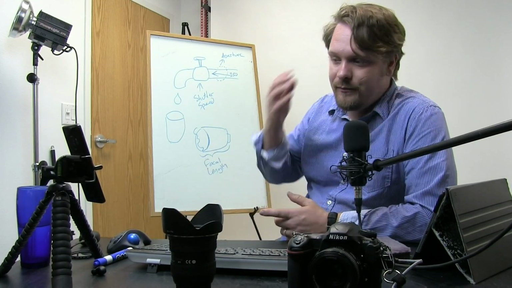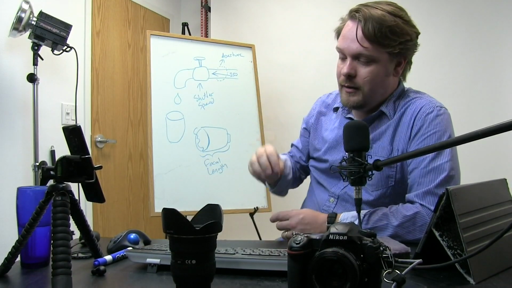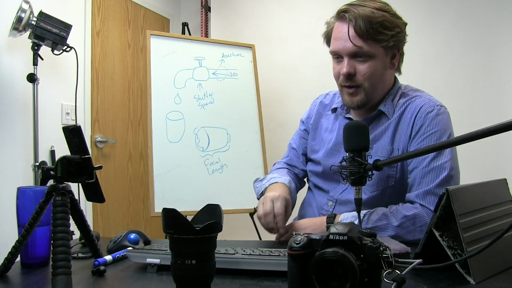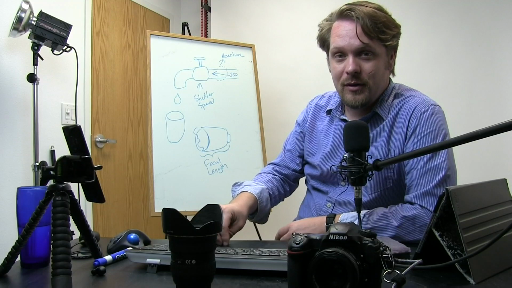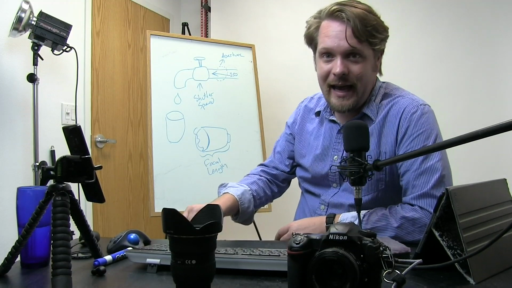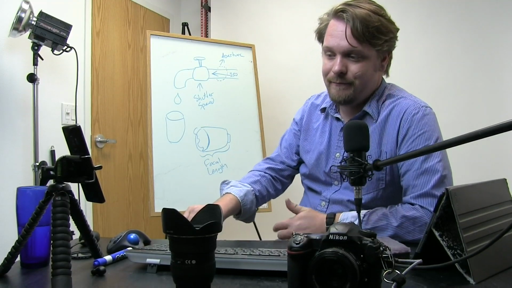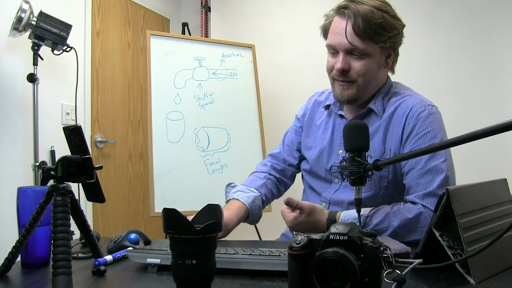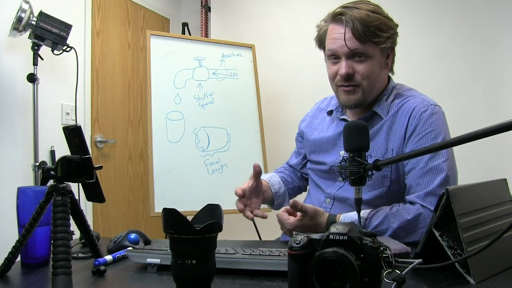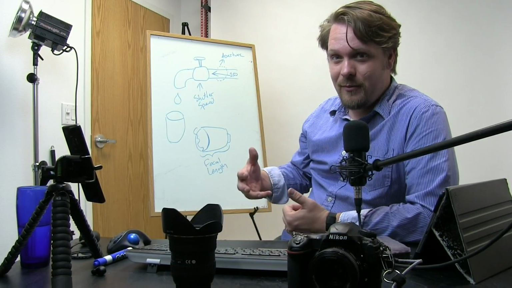That's the trade-off. So what if you want a wide aperture and motion blur on a sunny day when there's lots of light? Well, you may have difficulty achieving that, especially if you don't have any other accessories with your lens, with your camera.